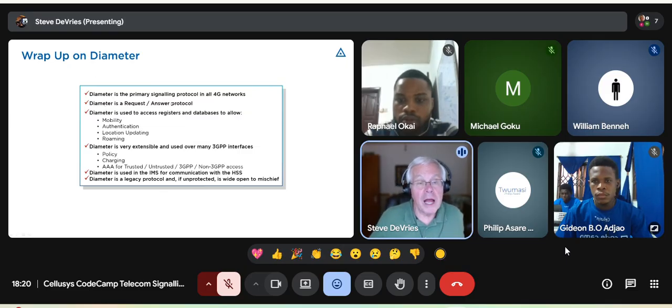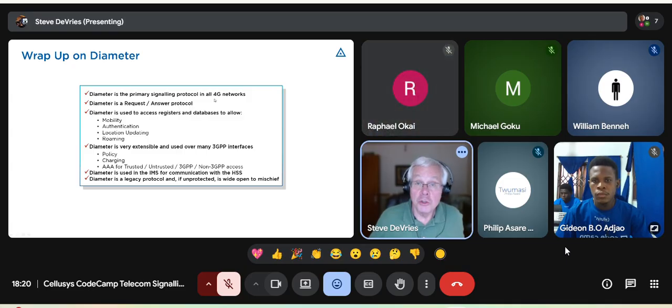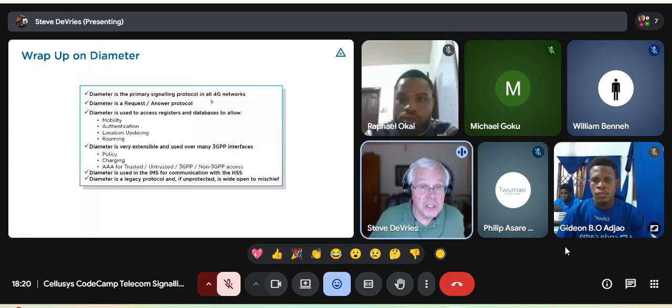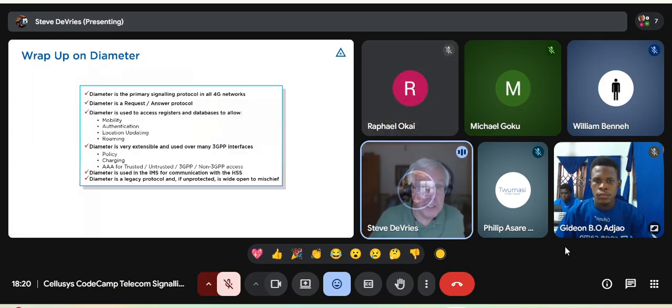So diameter is the primary signaling protocol now in 4G networks. The primary signaling protocol in 2G and 3G is SS7. The primary signaling protocol in 4G is diameter, and it is this back and forth, request and answer, kind of simple protocol.